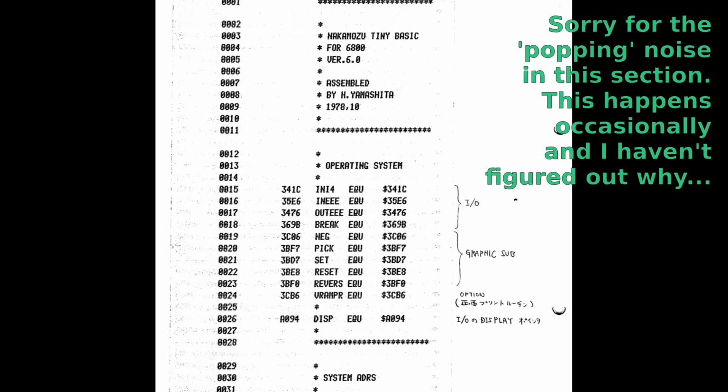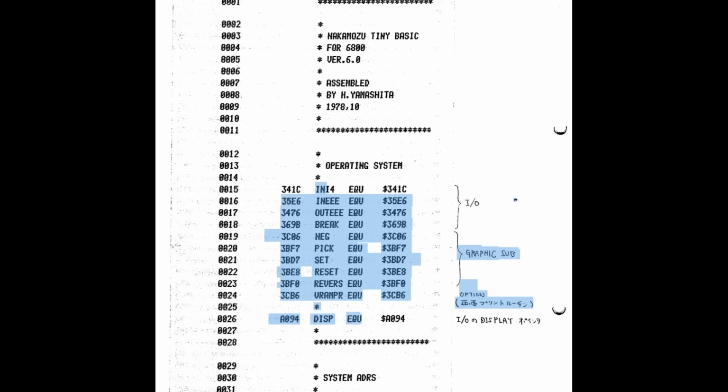Once I had read through Yamashita's website and saw that he had the source code and various other documents for Nakamozu Tiny Basic, I saw that there was going to be some work to do. Check out these addresses. That's some kind of custom graphics card right there. And as you can see, most of the comments are in a mix. It's 50-50. There's some Japanese, there's some English.